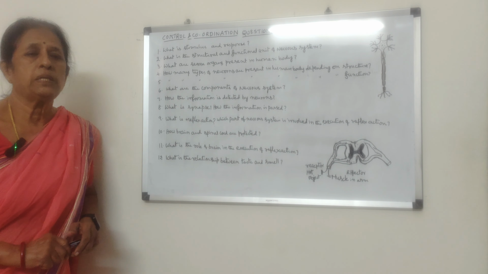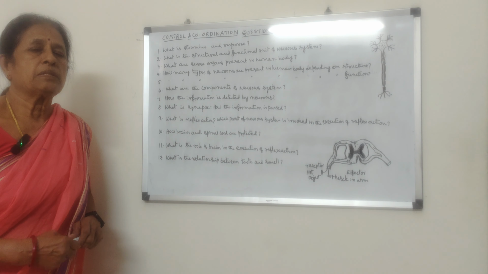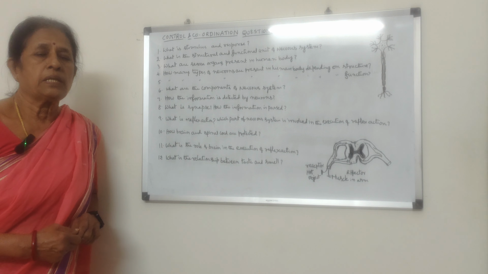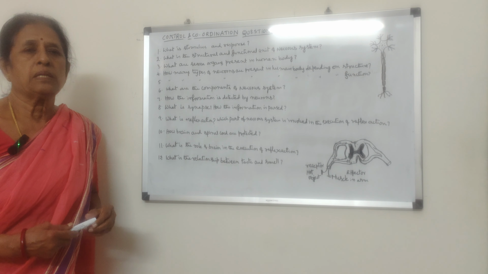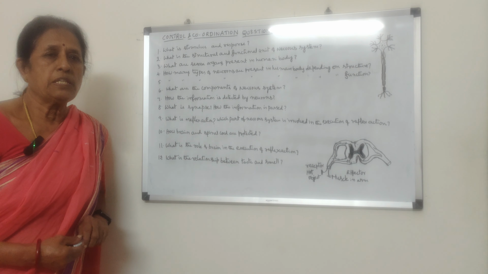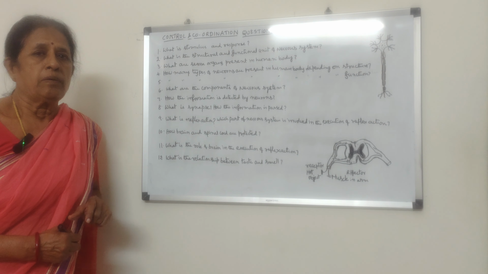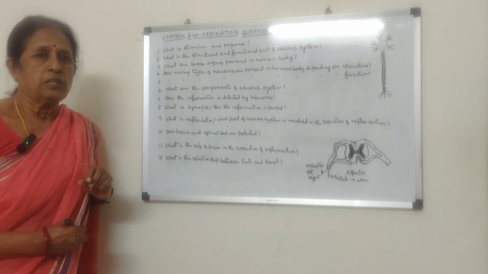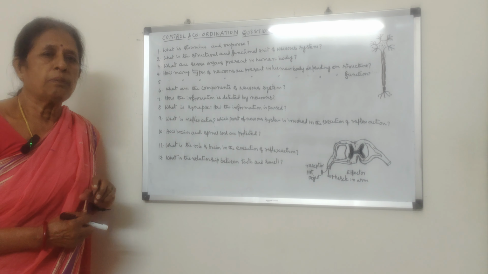And the third component is autonomous nervous system. This autonomous nervous system is further divided into sympathetic nervous system and parasympathetic nervous system. Sympathetic nervous system and parasympathetic nervous system act in opposite directions depending upon the situation. If there is much light, then the pupil will become closed, and if there is less light, the pupil will become dilated.